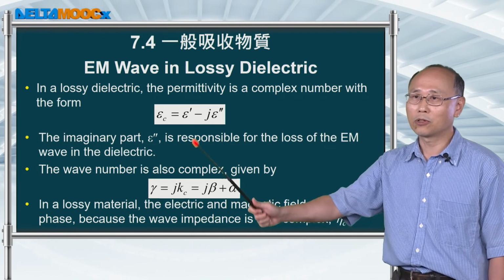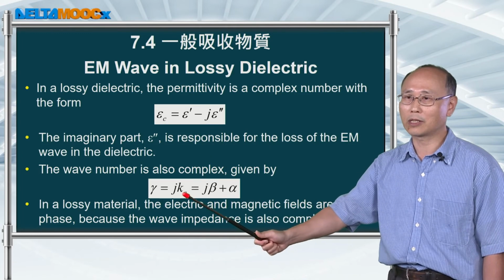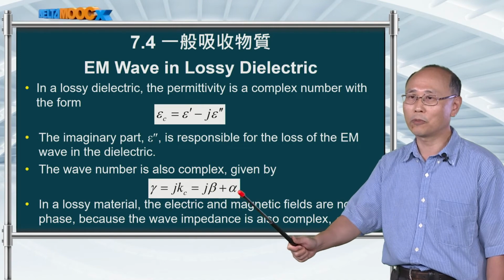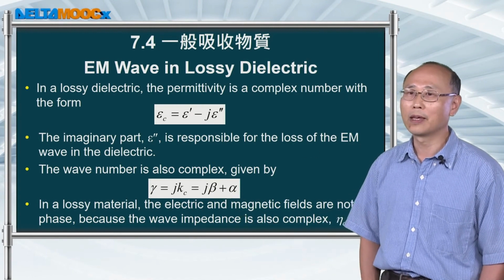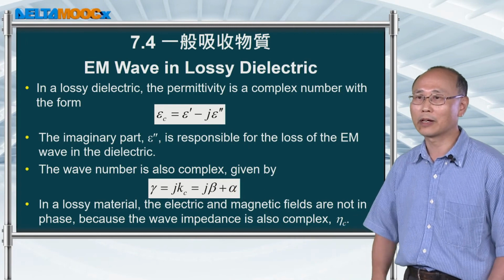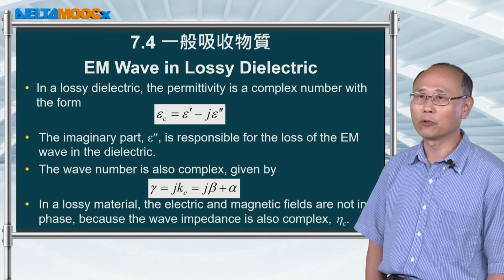And so if you adopt this complex permittivity into this calculation for gamma, you end up having a real part and also an imaginary part. And the real part gives you the attenuation of the wave, and beta gives you the propagation of the wave.